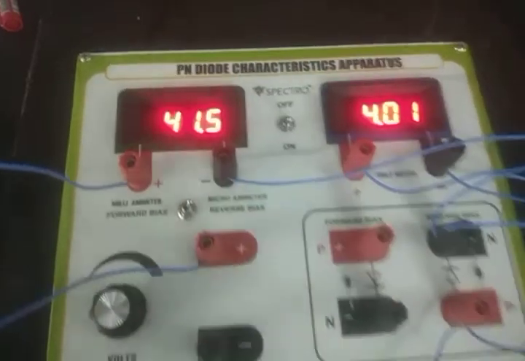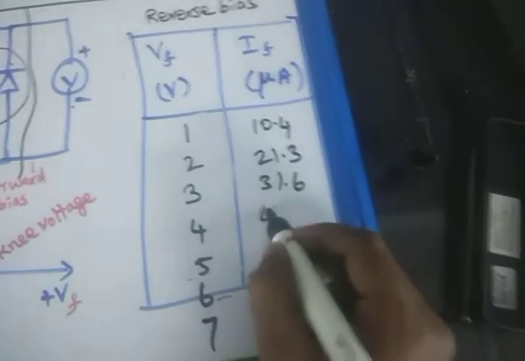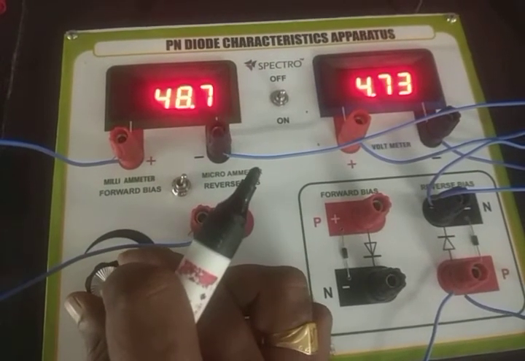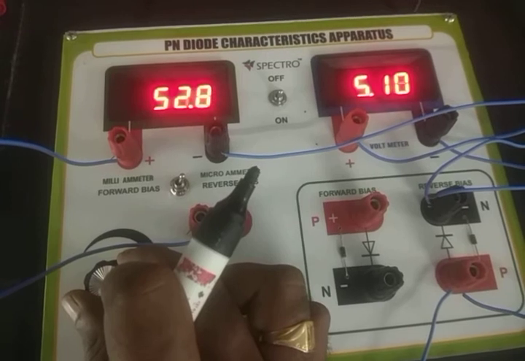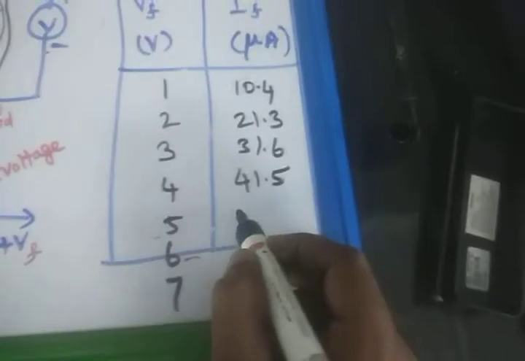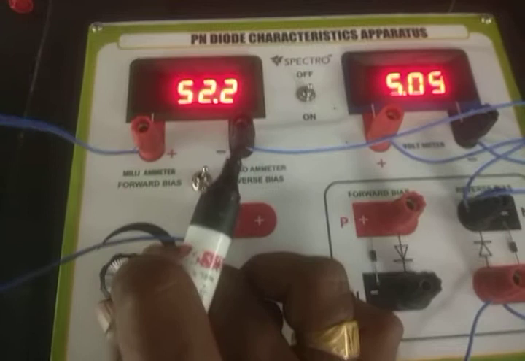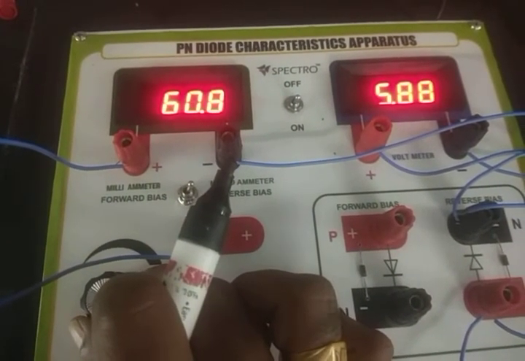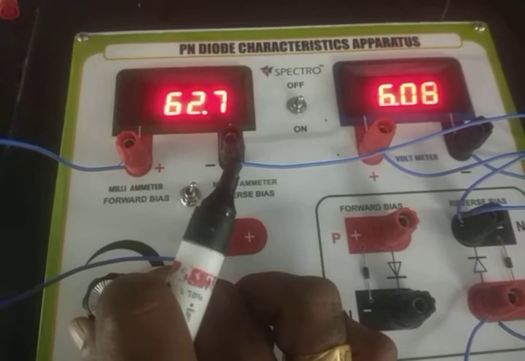So exactly 4, it is 41.5. Then 5 volts, 52.2. Then 6 volts, 62.7.